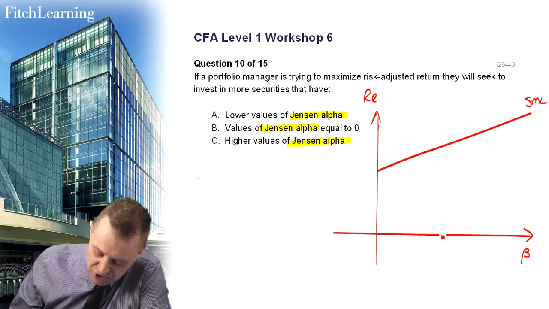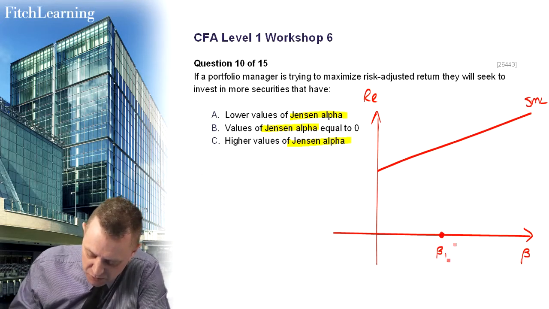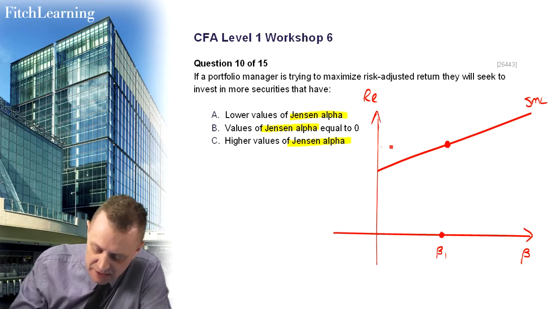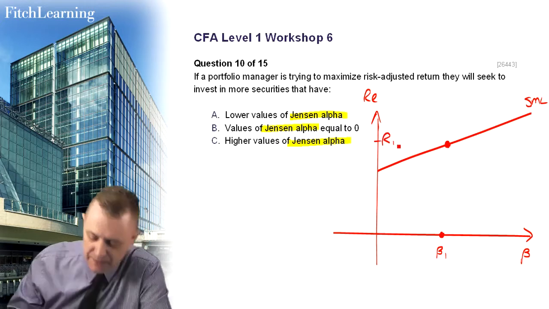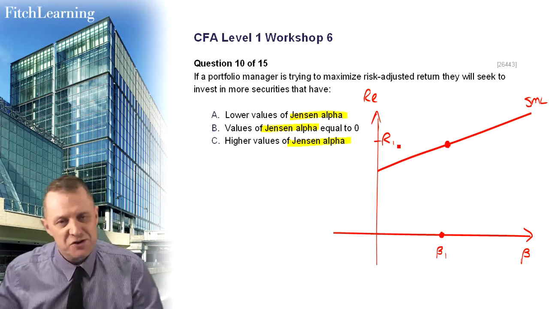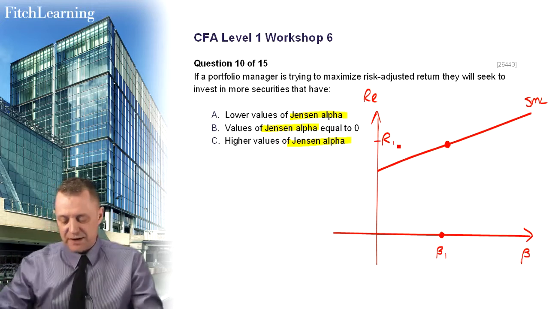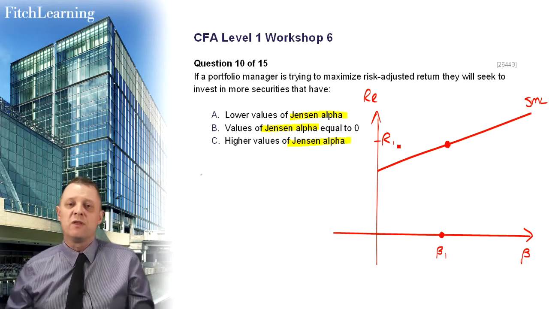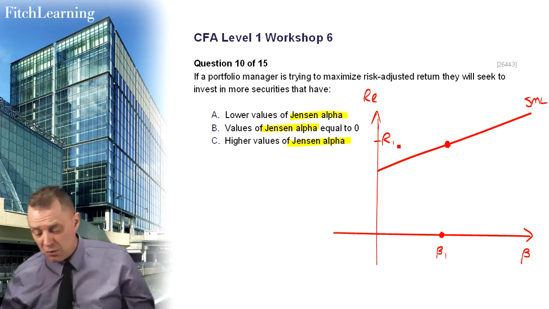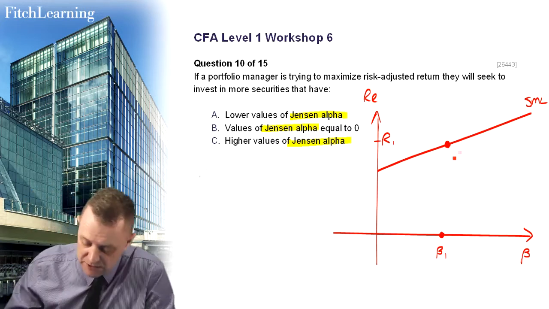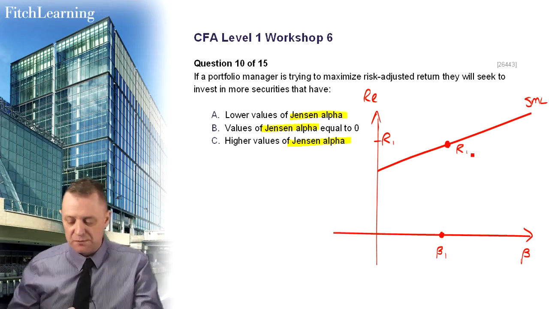So if I've got a security that's got a beta here, let's call it beta 1, I should get that return R1. Now, in reality, it doesn't always work out like that. Sometimes you'll find if you've got an asset that's got a beta of 1, then its return might be higher than R1, might be lower than R1. So let's just mark R1 here just to be clear what we're doing.